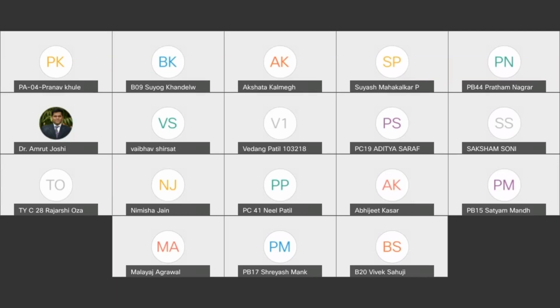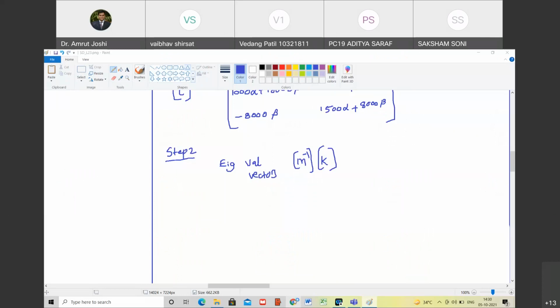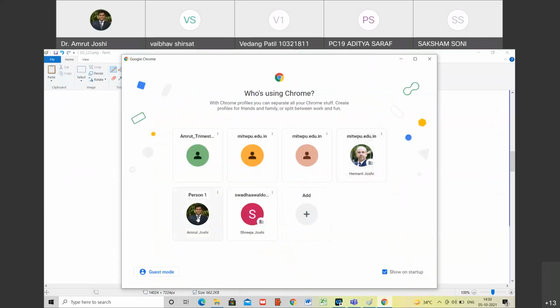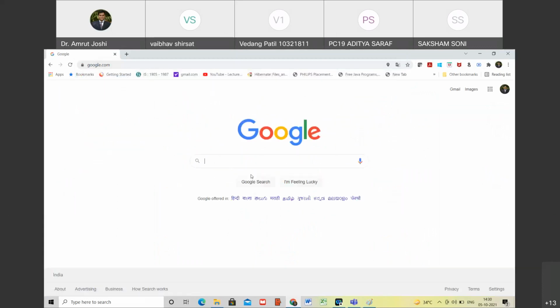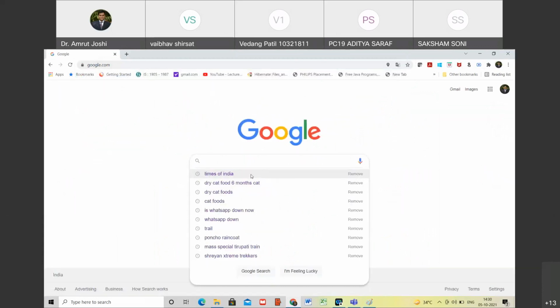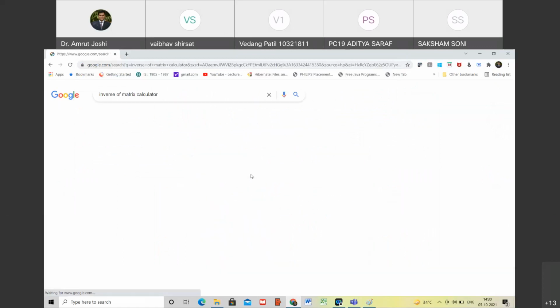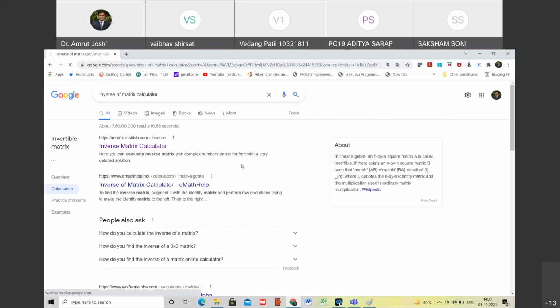I hope the screen is shared. Let us go to an inverse of a matrix calculator. So first we have to calculate the inverse of M. Are you with me? Yes, sir.